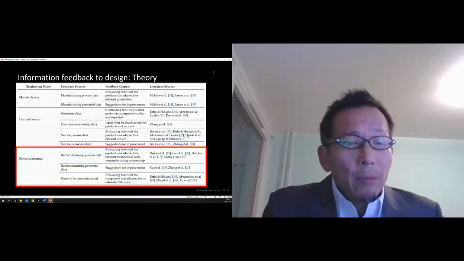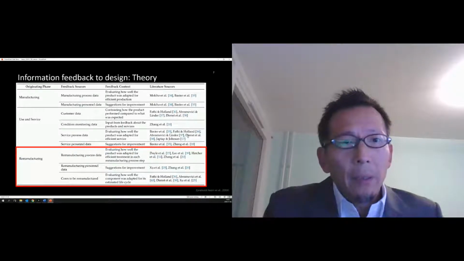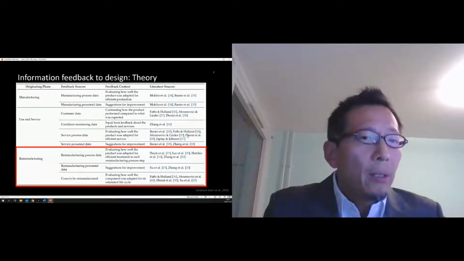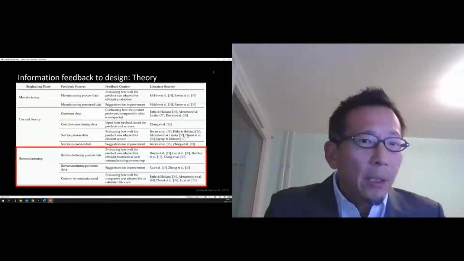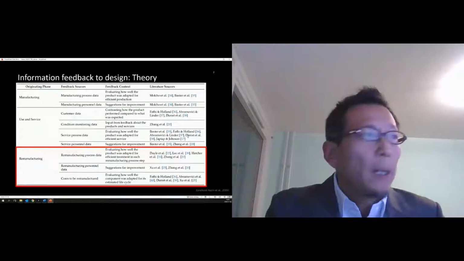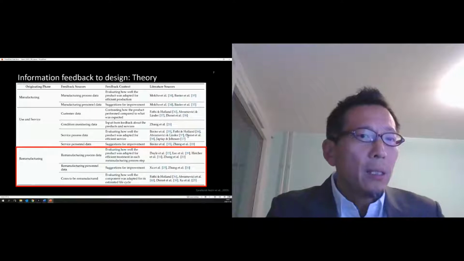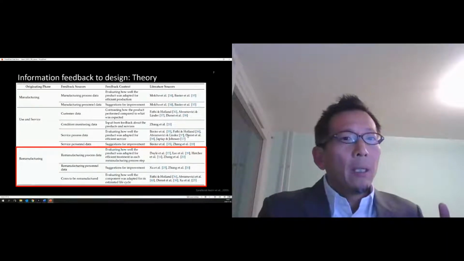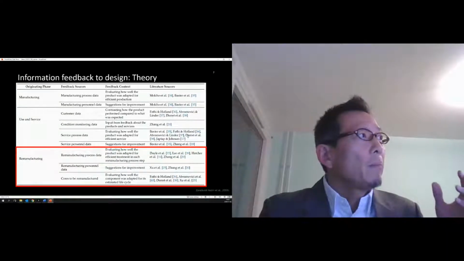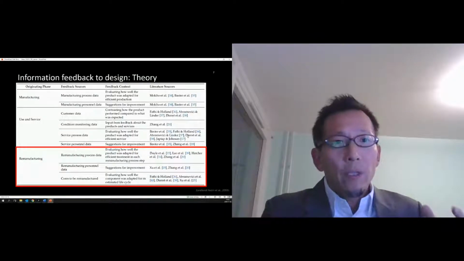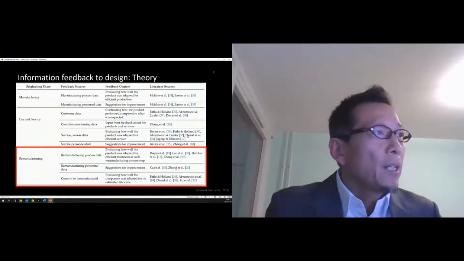This slide shows the results of the multiple case study looking at the practice of information feedback from Reman to design. And in the same way as the previous slide, I am showing the equivalent information from manufacturing, use and services to design phase.